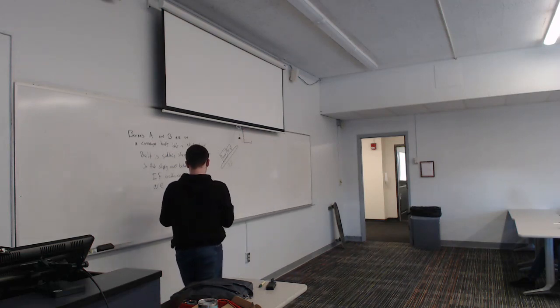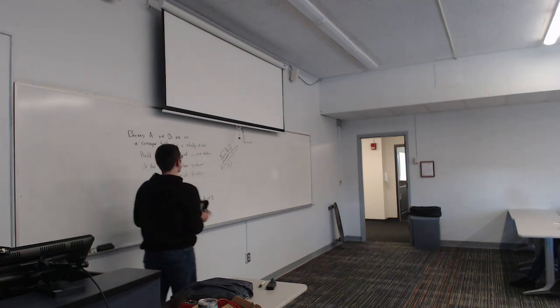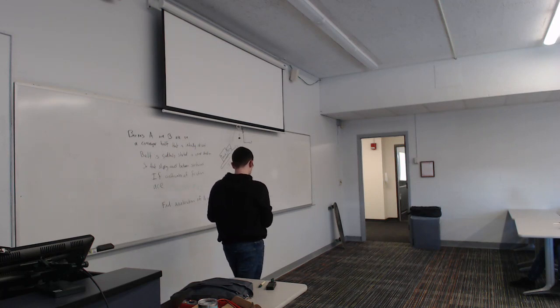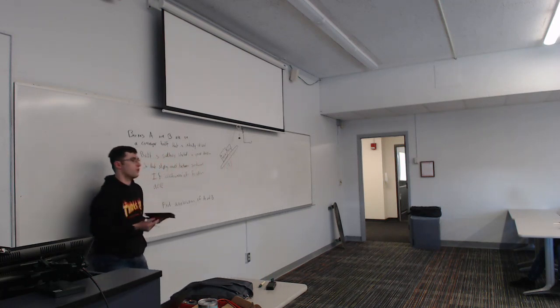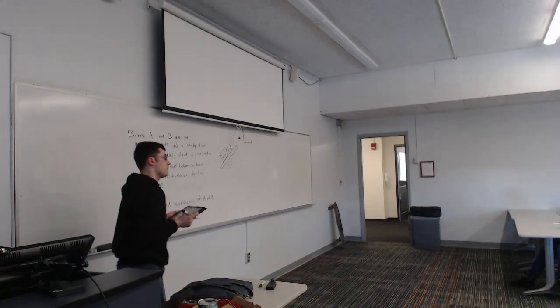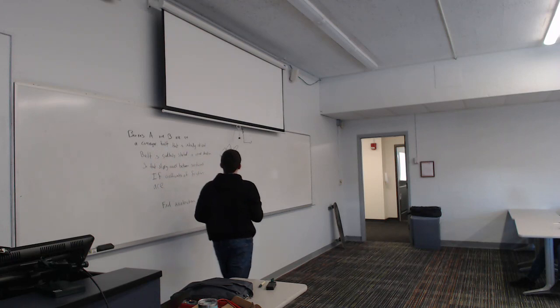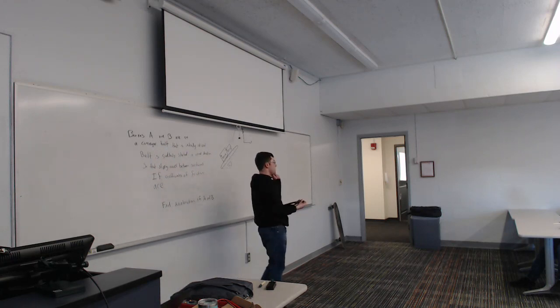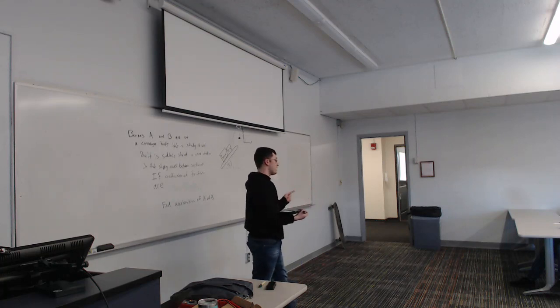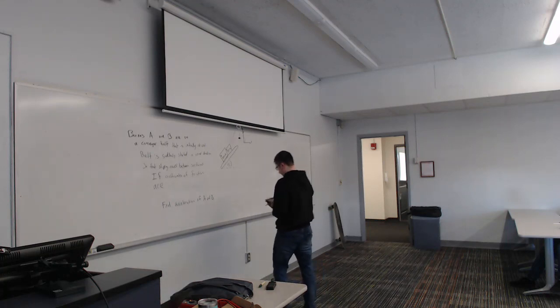Does anyone have an idea of where we should start? To give a hint, the last thing that I just drew is a good place to start. It has something to do with the coordinate system. Coordinate transformation. Yes. You don't necessarily need to do the coordinate transformation, but it will make your life easier.